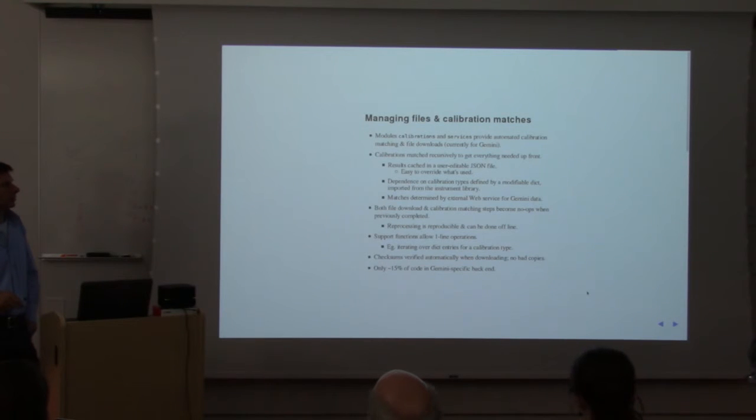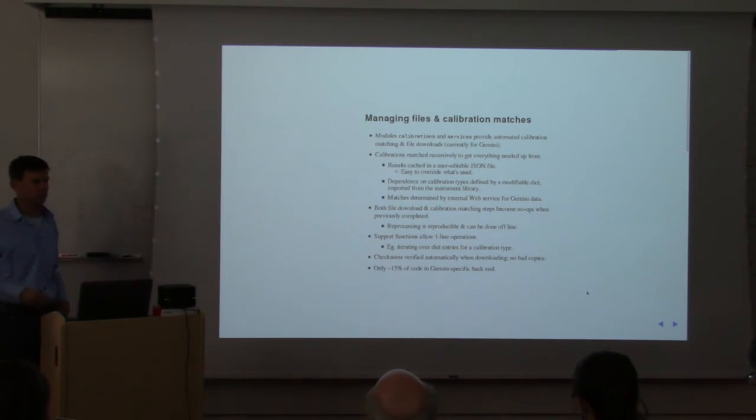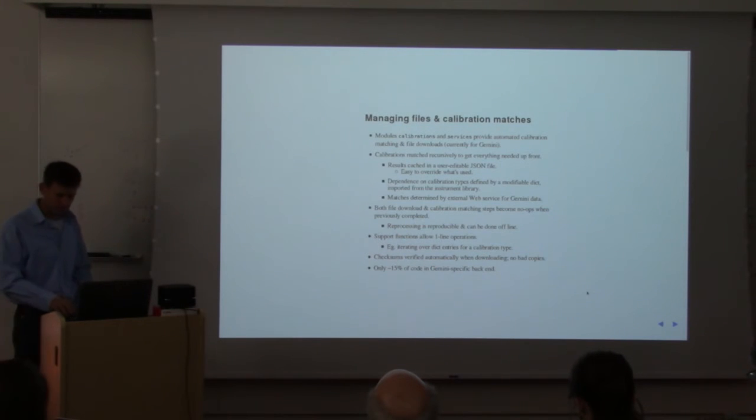There's a couple of steps for downloading files and for matching calibrations, and they become no-ops once the information that they retrieve is complete, so you can rerun your processing and get reproducible results and work offline. And then there are a few support functions that allow using that information in one line. Most of this is not Gemini specific, so it could be of use to other people.